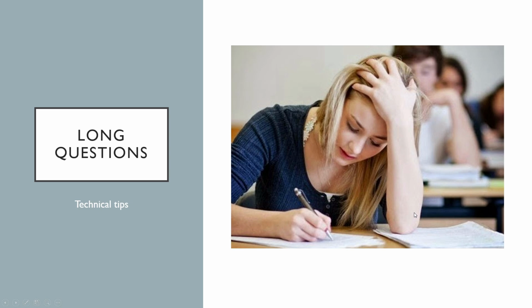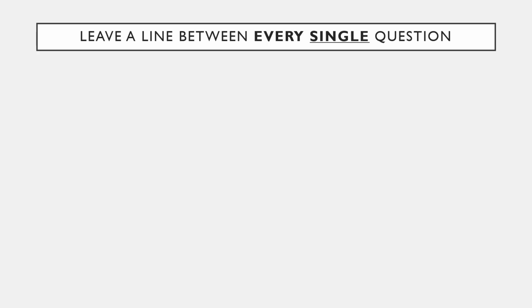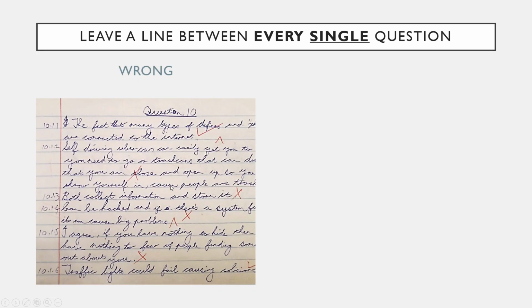When it comes to longer questions, let's look at some technicalities quickly. The first thing is leave a line between every single question. This helps us, as well as organizing your paper very nicely, because many of us do not want to mark this, because we can get confused.